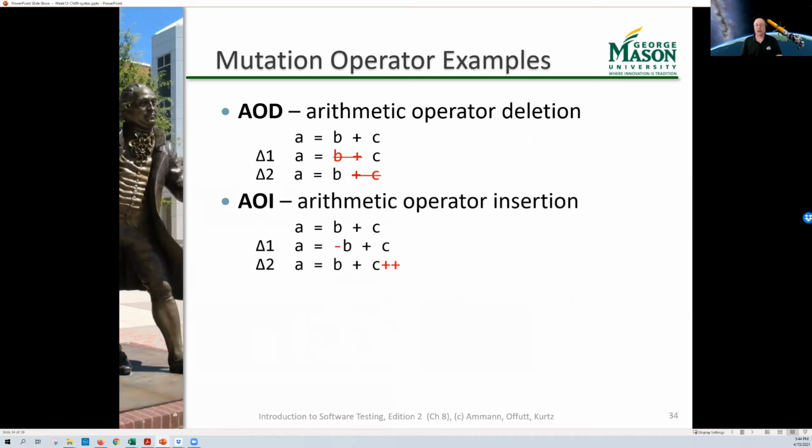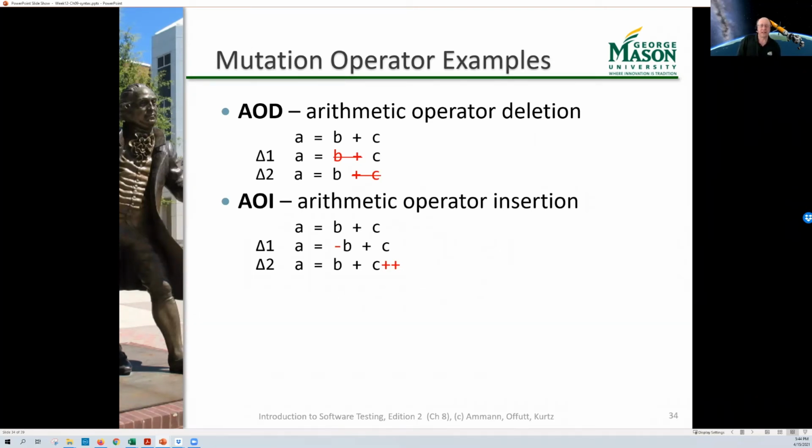We could look at arithmetic operator insertion. Well, there's only so many operators you can insert, right? And again, it's very hard to insert binary operators because now I need another argument, and where am I going to get another argument from? I suppose you could make one up if you were clever enough and understood which other variables were in scope at the time and things like that.